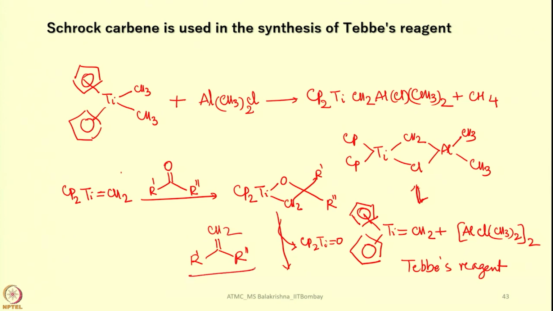So this functions very similar to the Wittig reagent. This is where the Schrock carbene is used in the synthesis of the Tebbe reagent, and the Tebbe reagent looks like an alternative to Wittig's reagent. Let me stop at this juncture and continue in my next lecture discussing ligands having carbon donor atoms.